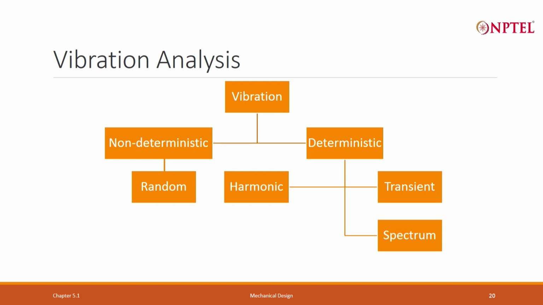What would be an example of a random vibration? In nature, air breeze you can say, earthquake. It is very difficult to find out either the direction or magnitude if you are outside. How do we find out?